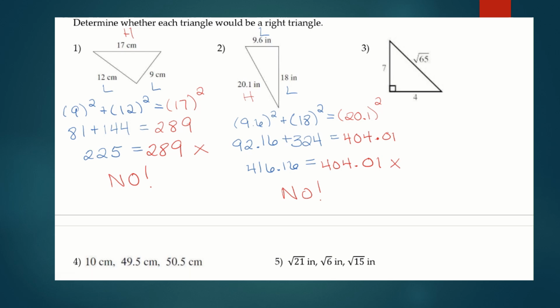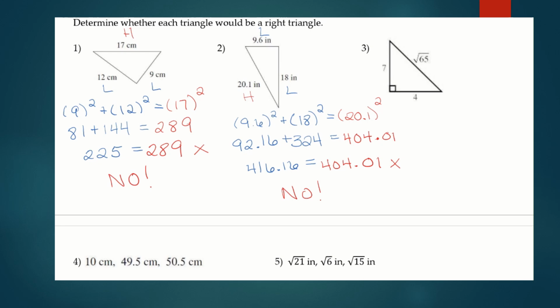Taking a look at number 3. We're given a triangle. It does list, we cheated a little bit here, it does list the right angle box here. So let's just verify that that's actually accurate. Okay, so I'm just really quickly going to check to make sure that the square root of 65 actually is the longest side.